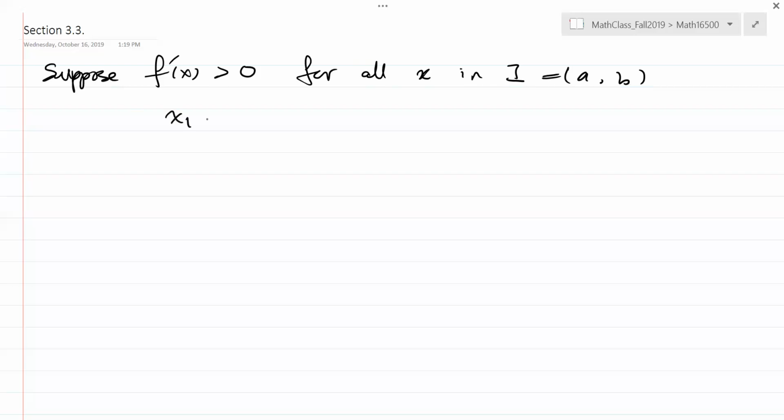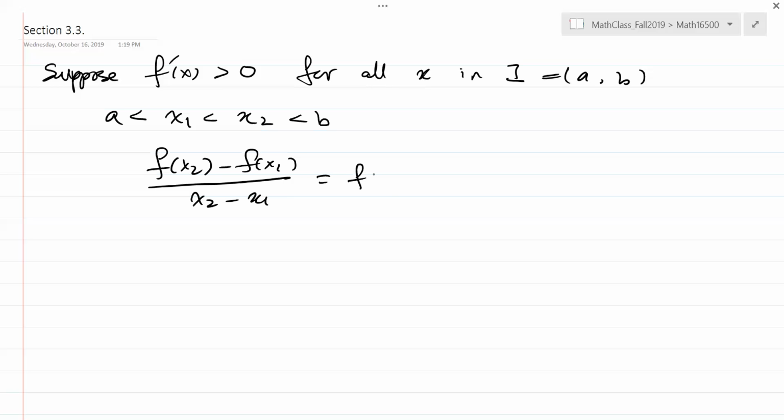for any two numbers in this interval, I apply the mean value theorem. According to the mean value theorem, we have this identity, and this is always positive, right? So what does that mean?